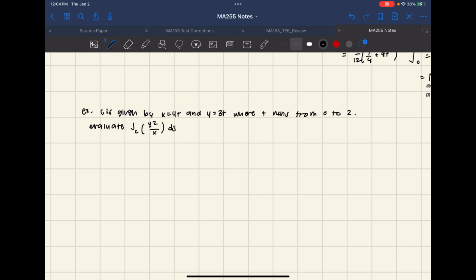Same thing. The first thing we have to do is convert the curve to a function of t. Once again, that's given to us, and then we're just going to plug in our knowns.